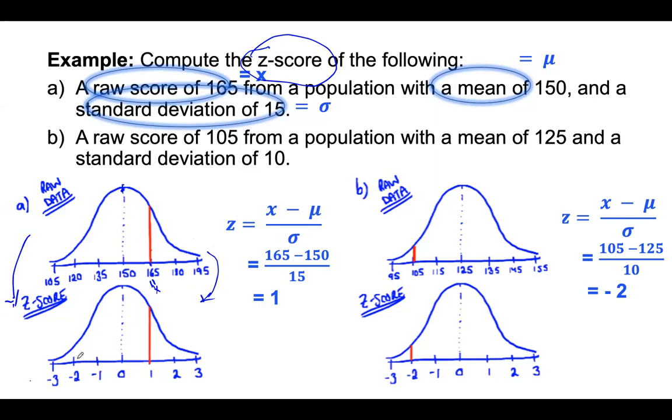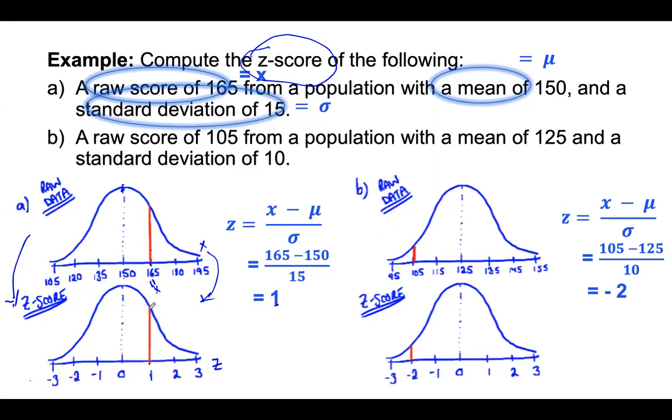The mean is at 0, so this is the Z axis versus the X axis, and this 165 gets transformed into a 1. You can then draw the rest nicely and symmetrical. It has a standard deviation of 15, so it's 1 standard deviation away.